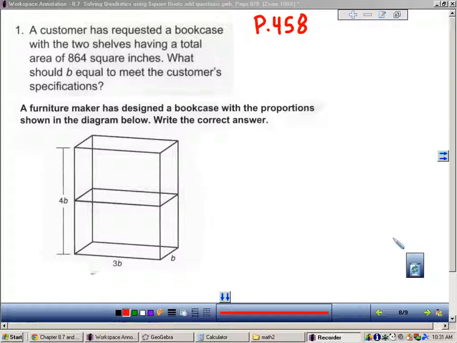So the two shelves I see, taking this shelf here, and then I'm also looking at the bottom shelf or the top shelf. It doesn't matter. They're the same size. Okay? Now, two shelves having a total area of 864.